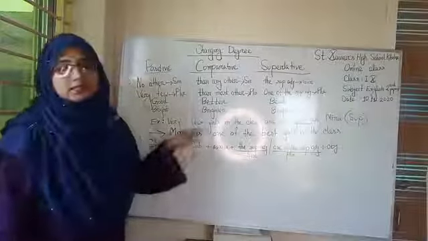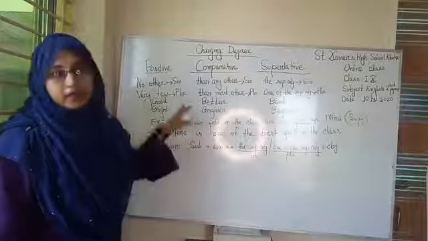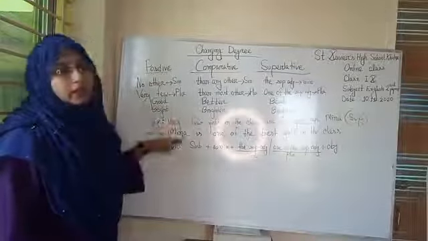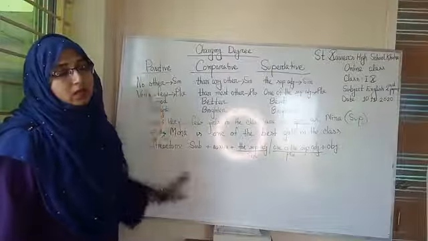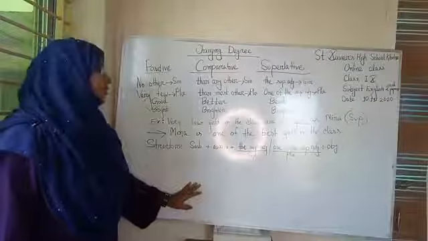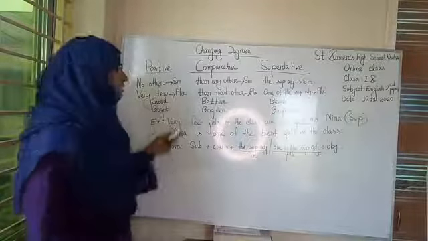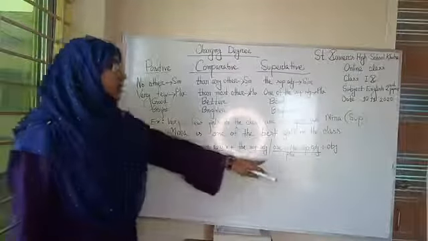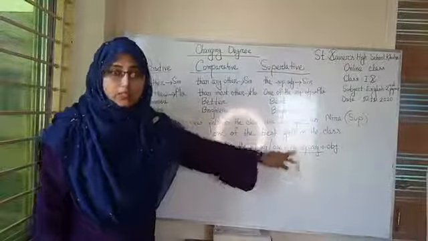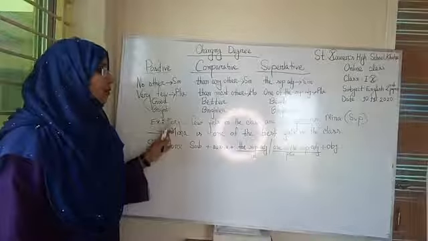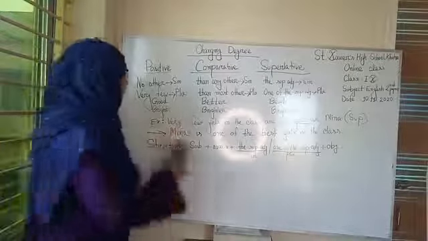Isn't it easy? It is very, very easy. You have to remember the rule carefully. Then it will be easy for you. Next, I'll write down another example. That means you will get a plural example. And now I'll show you the singular form.